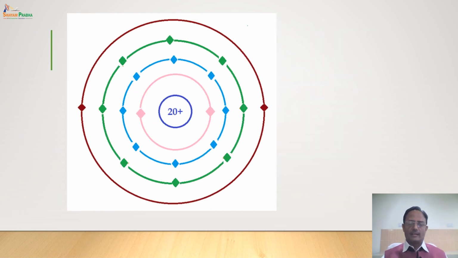Consider this is an atom with atomic number 20. This is calcium. Now there are 20 positive charges in the nucleus and 20 electrons. Now when I say atomic radius of this atom, it is the distance between the nucleus and the outermost electron, which is the 4s electron.